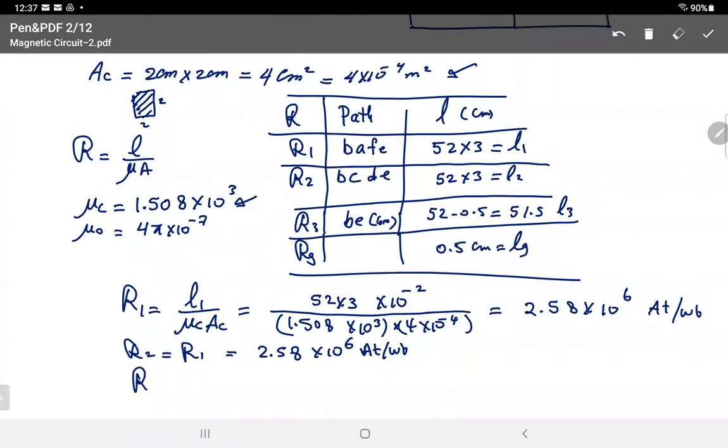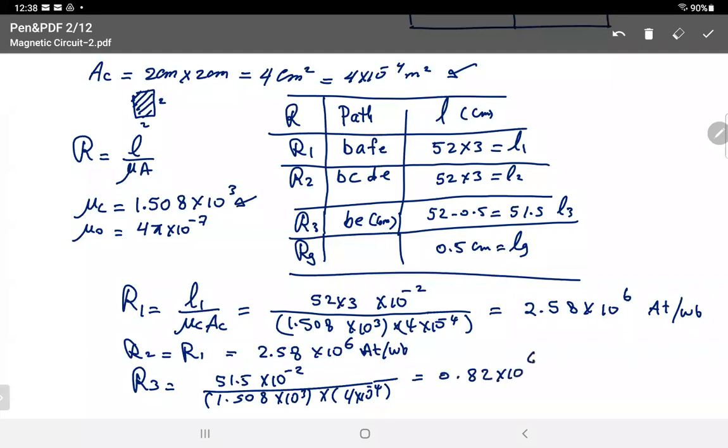So I'll write R3 is equal, and the length of R3 is 51.5 times 10 to the negative 2, over the same thing, 0.8 times 10 to the power 3 times 4 times 10 to the negative 4, and I get R3. I did the calculation, and it's equal to 0.82 times 10 to the power 6 ampere turn per Weber.